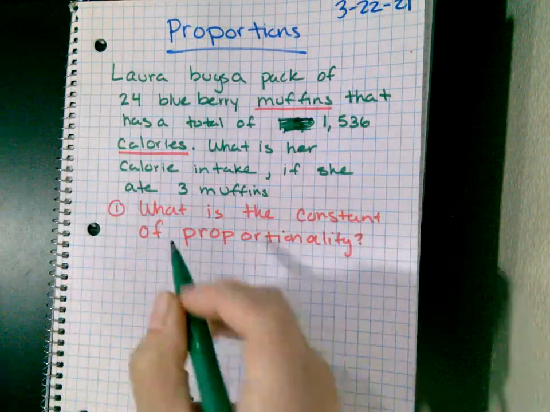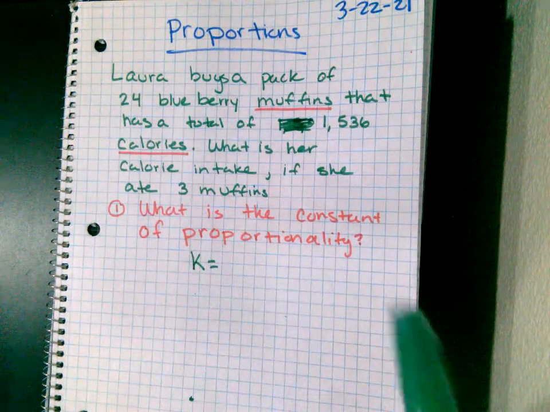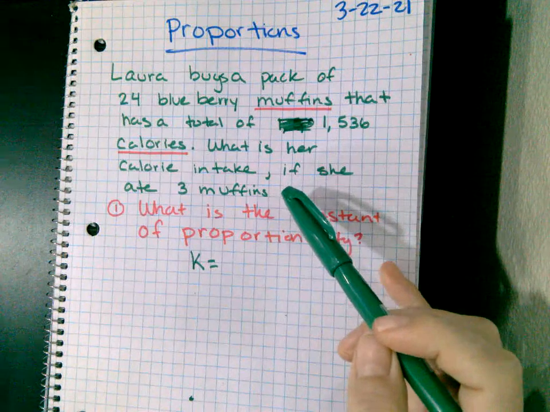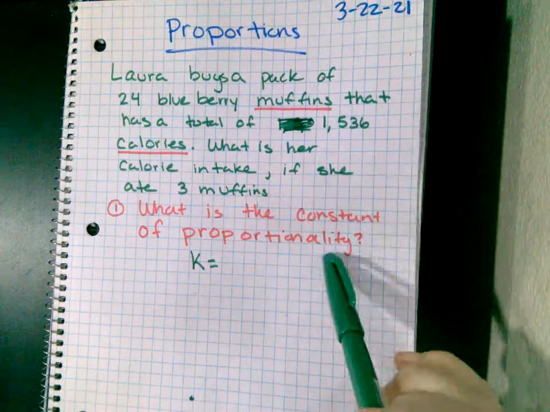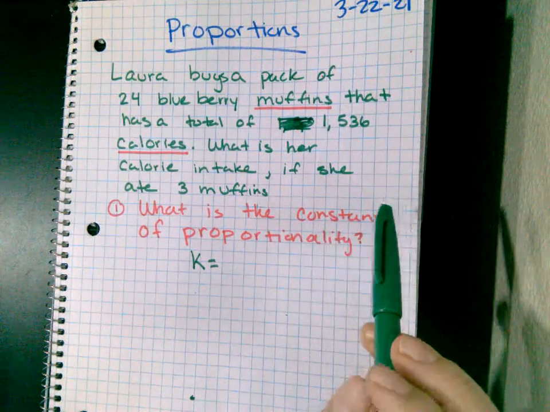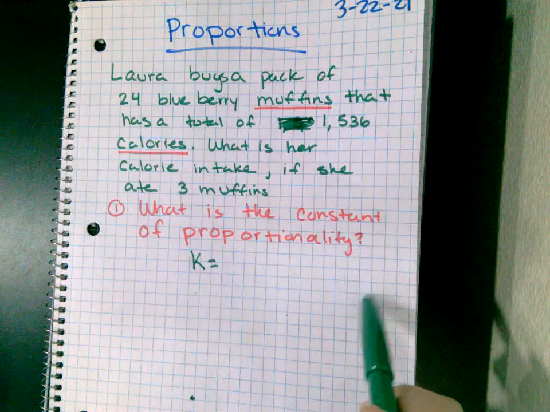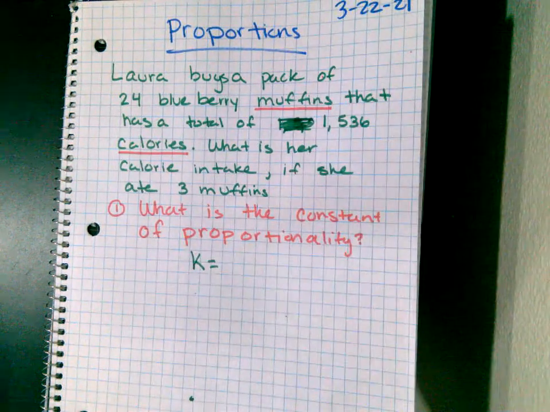Meaning, what is K equal to in this problem? We're not going to answer the 3 muffins part just yet, because it's going to help me figure out the 3 muffins. I want to know how many calories per muffin. So what is the constant of proportionality in this problem?